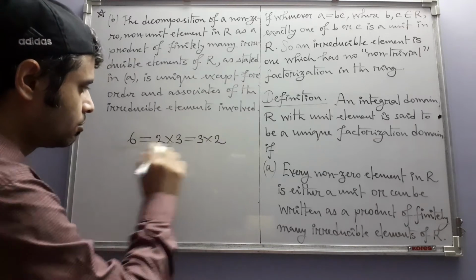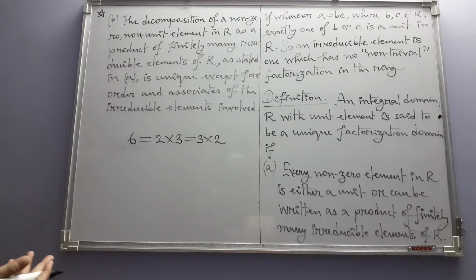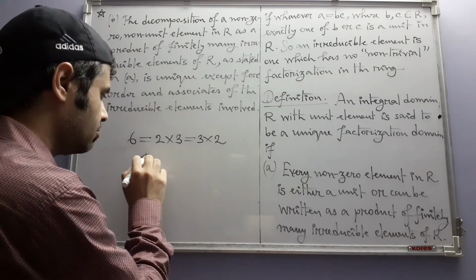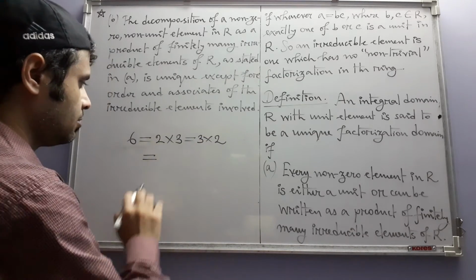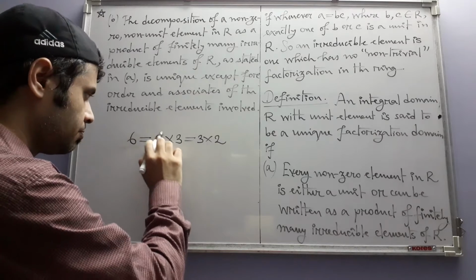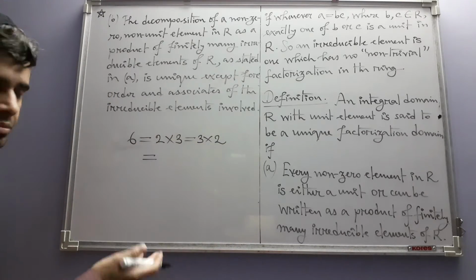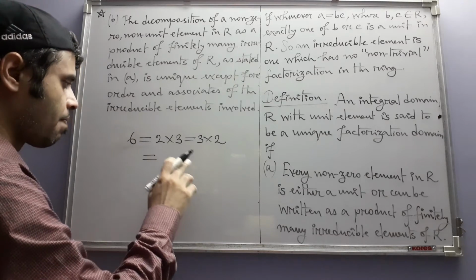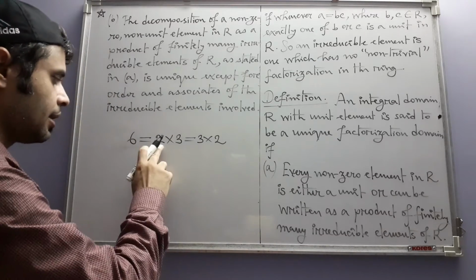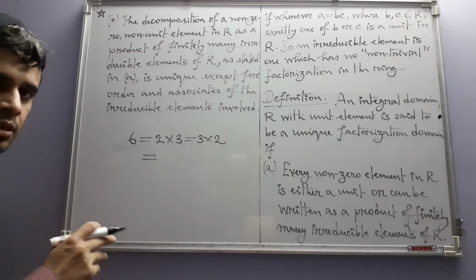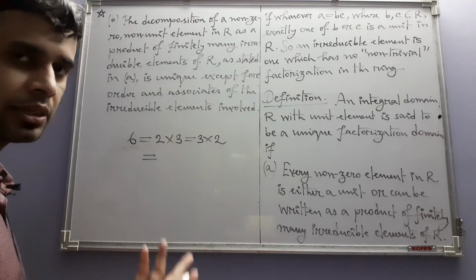In place of 2 times 3, you can write 3 times 2. Or you can replace any one of the prime elements or both of them by its associate. And how do you get an associate of a prime element? By multiplying by a unit.